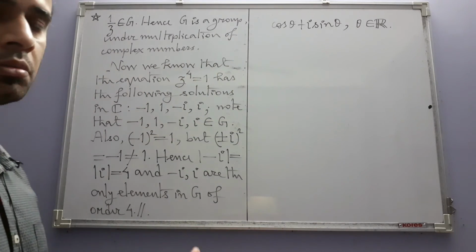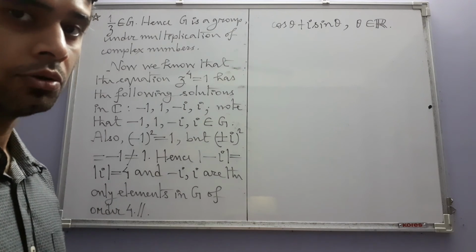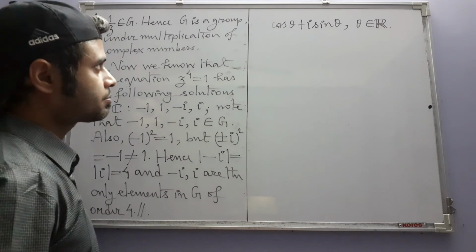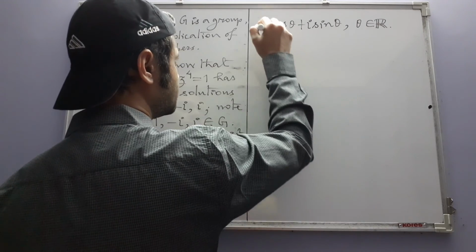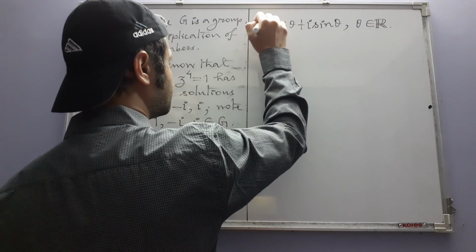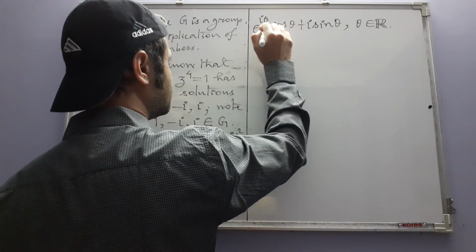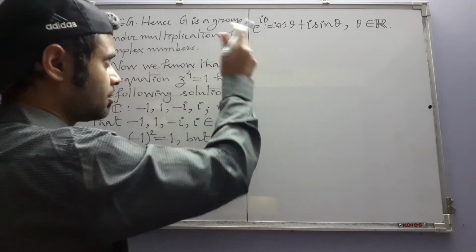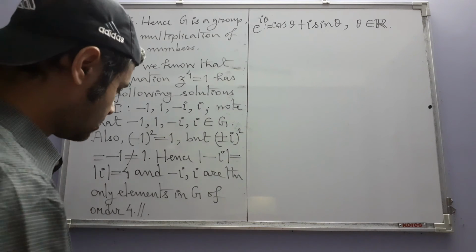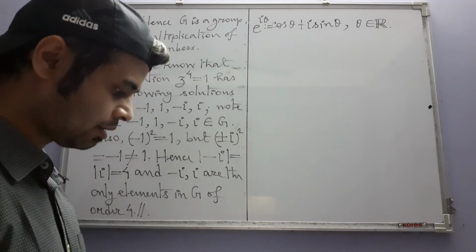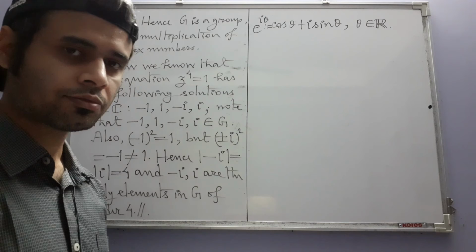That's how the complex numbers of absolute value 1 look. And sometimes this thing is also denoted by this symbol, which is defined to be equal to this. Okay, so this completes the solution and it also completes this set of exercises.